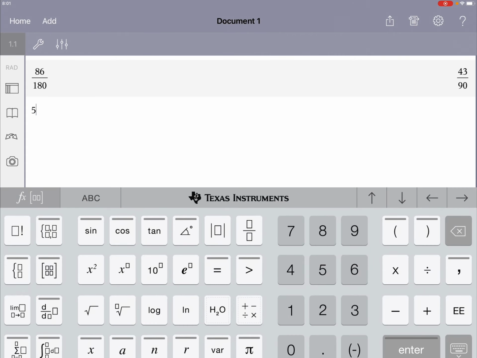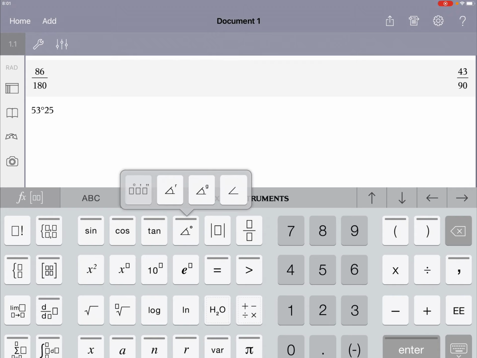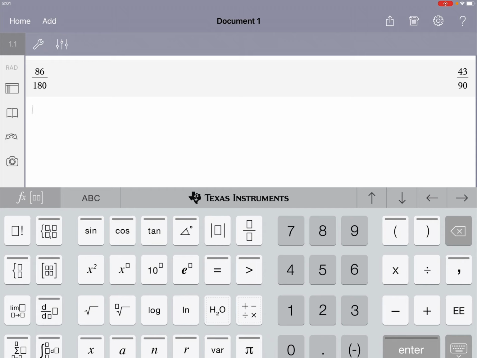Okay, so let's go ahead and use a calculator. So we have 53 degrees, and then 25, actually, I can just use this very convenient way of typing DMS, 53 degrees, 25, and 16.